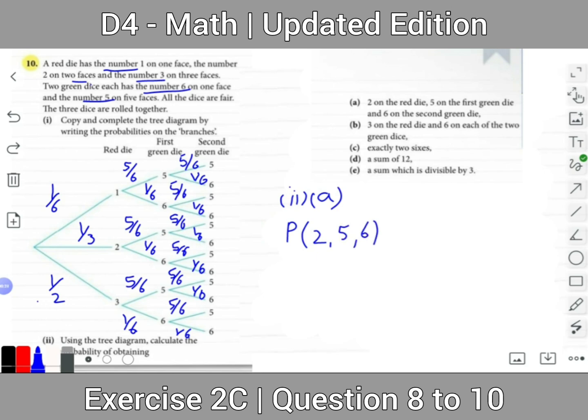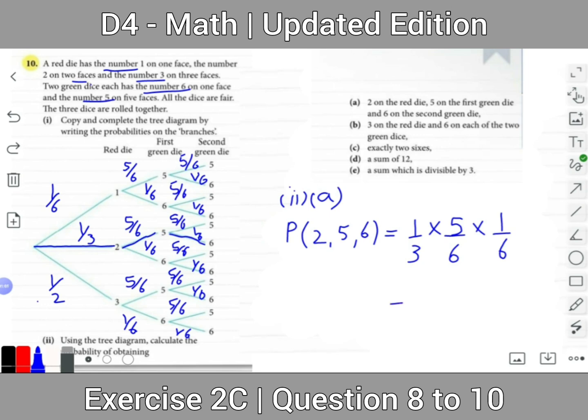By using the multiplication law of probabilities, for 2 on the red die we have 1 over 3, multiplied by, for the 5 we have 5 over 6, multiplied by, for the number 6 we have 1 over 6. Our path is like this: 2 on the first die, 5 on the second, and 6 on the third.